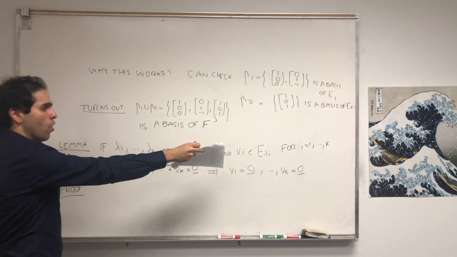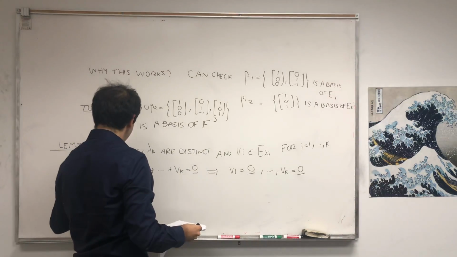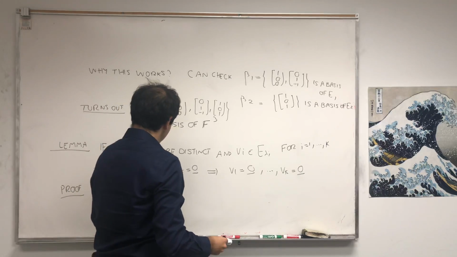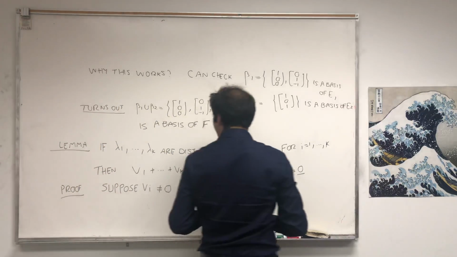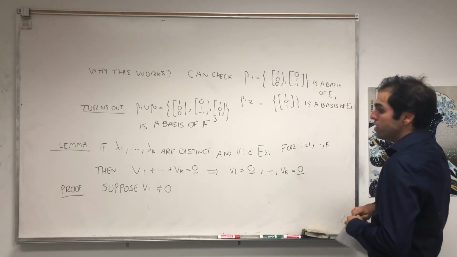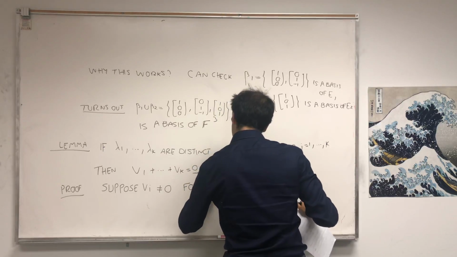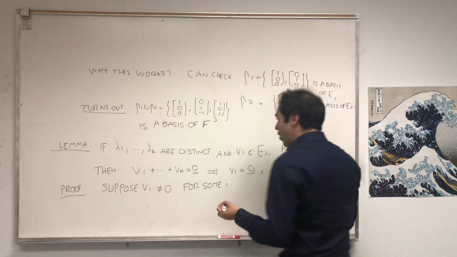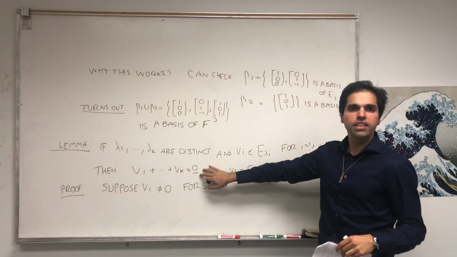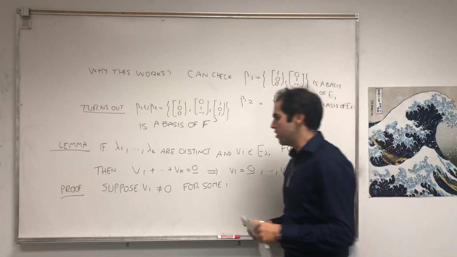So suppose one of the Vi's is non-zero. Suppose Vi is non-zero for some i. What is that saying? It says that we get a non-trivial linear combination of V1 up to Vk that gives you 0.